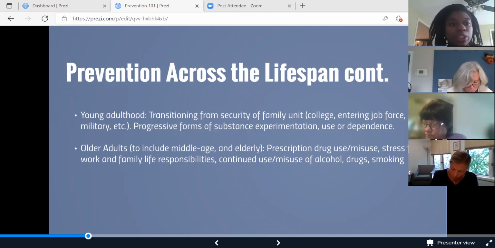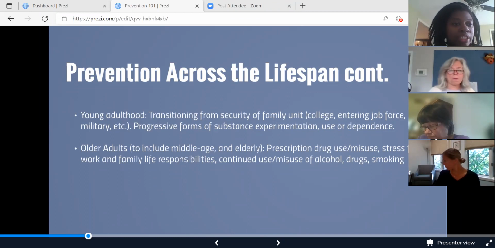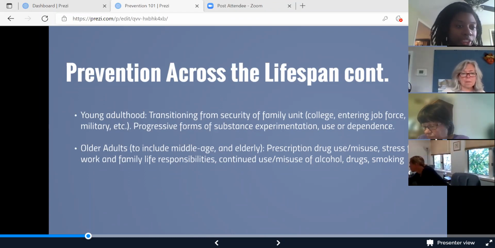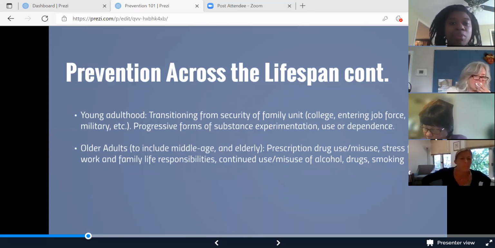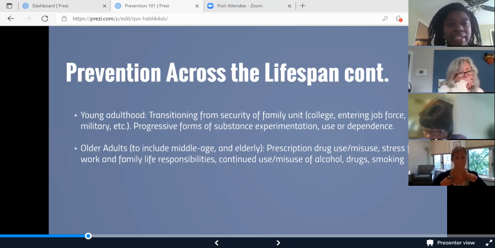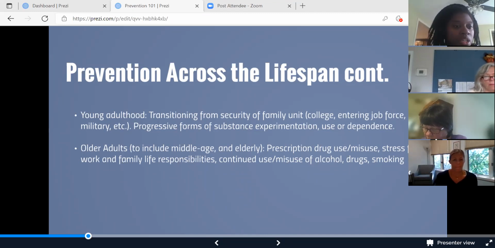They move away from home, out of the security of their family, into college spaces, military spaces, entering the job force, into basically adulthood. We see progressive forms of substance experimentation, use, or dependence as they move within these spaces where they might not have the support and security of their family unit back at home.